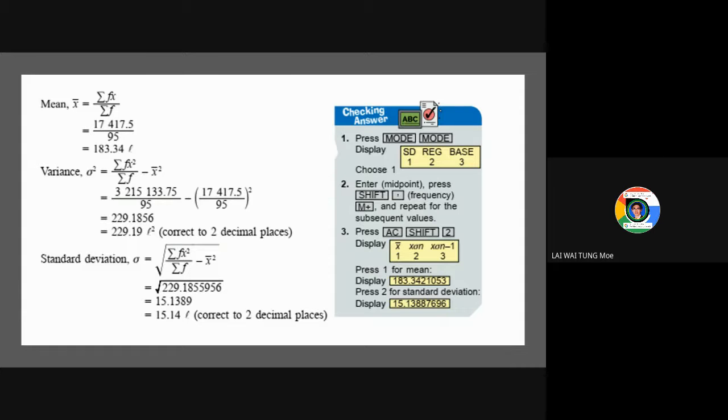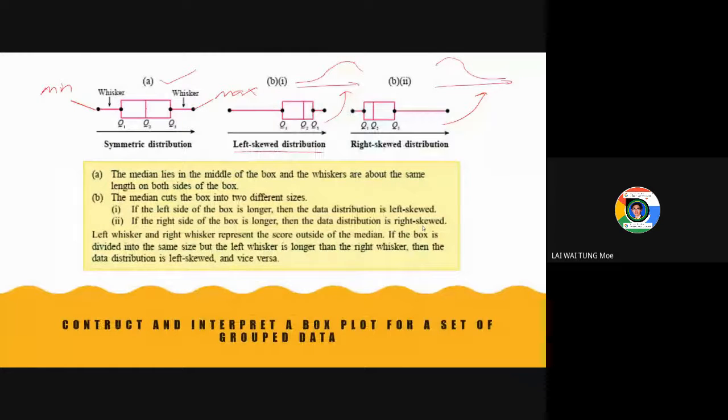Different calculators may have different steps. I already showed you one version of the calculator, the gray one. For the black one, you can follow the steps from the textbook. And then next, we learned how to construct a box plot, and also how to explain the distribution for each kind of box plot.